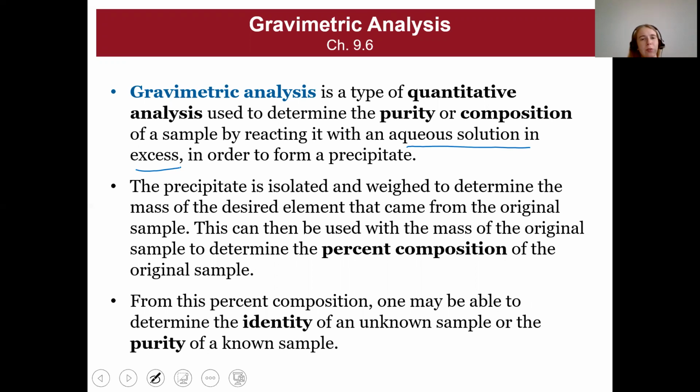And we will know that all of the ion that came from our original sample is in that precipitate, that there isn't any left over in the aqueous solution because we used up our limiting reactant and all of it has been converted into this solid precipitate, which we can then isolate and weigh, which you did in lab this week.